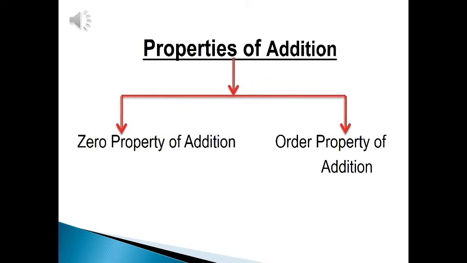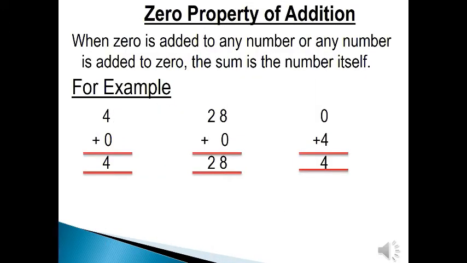Now let's revise the addition properties. There are two addition properties. First is zero property of addition and the second is order property of addition. Zero property of addition: when 0 is added to any number or any number is added to 0, the sum is the number itself.